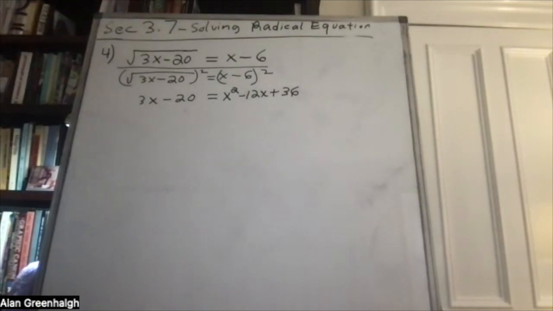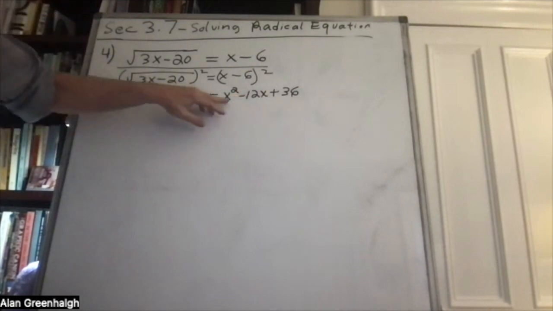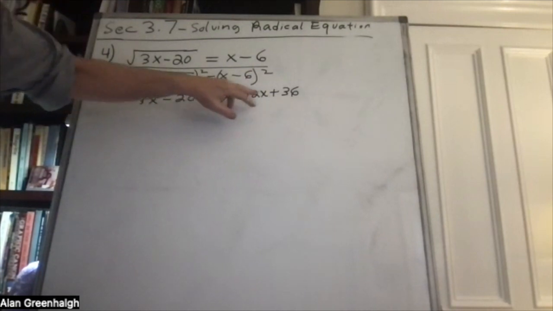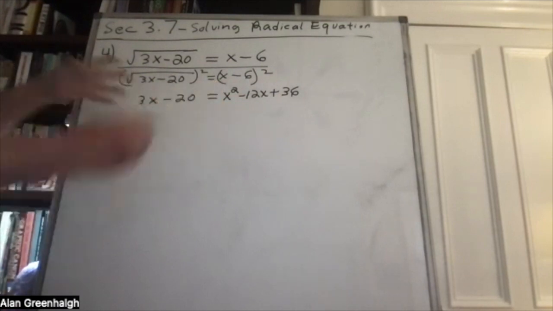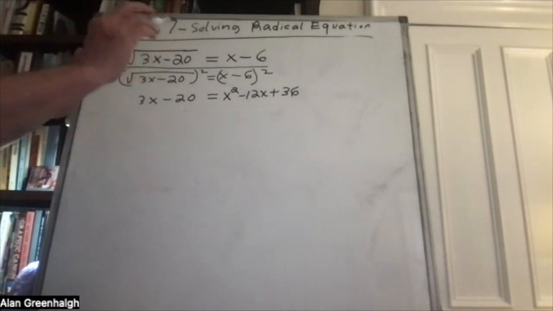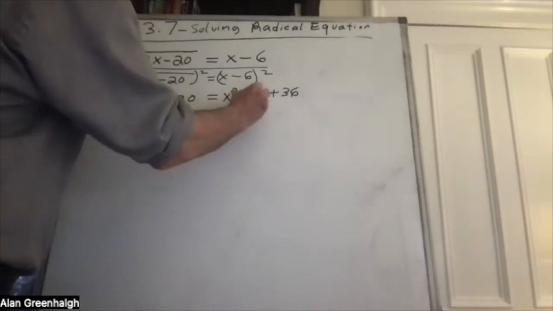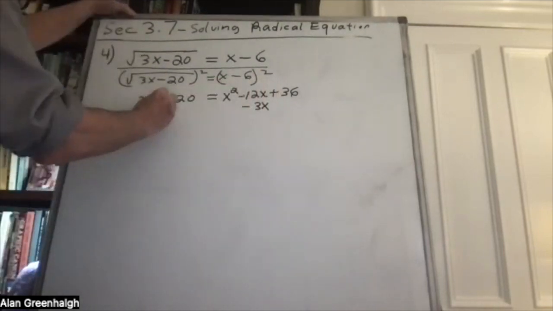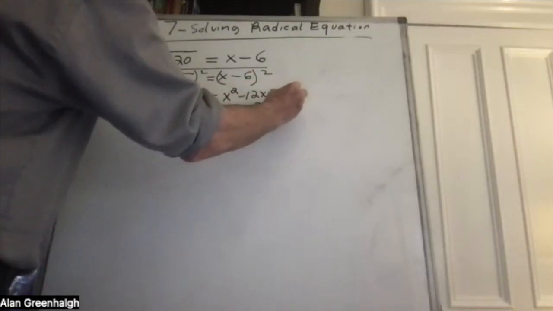And now what we're doing is we're actually solving a quadratic equation. See, this is what we wind up with. So we want to gather together all the terms. And I would suggest, well, don't do it that way. Do it this way. Bring over the 3x, bring over a positive 20.